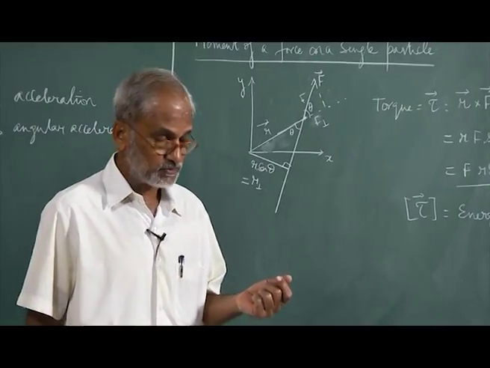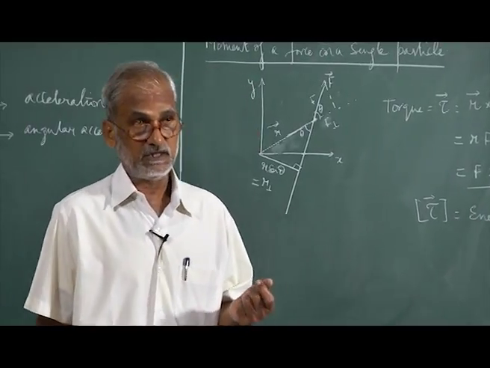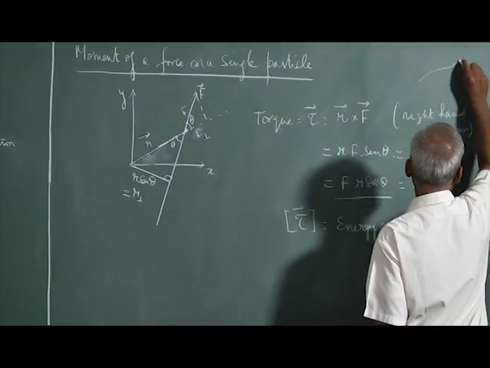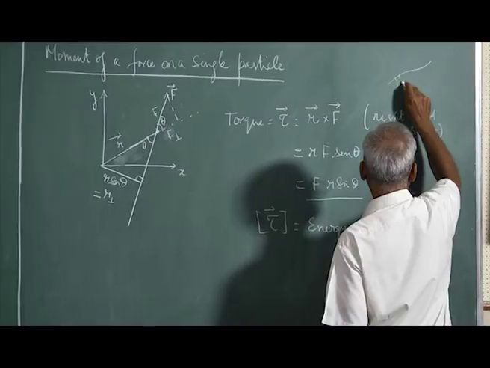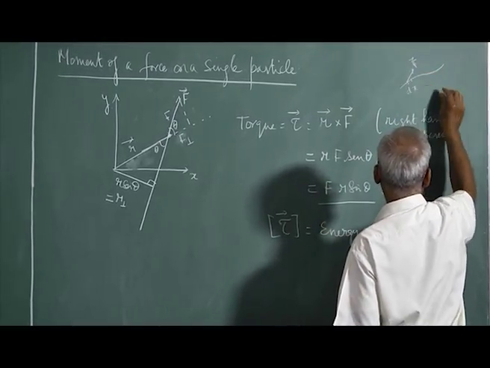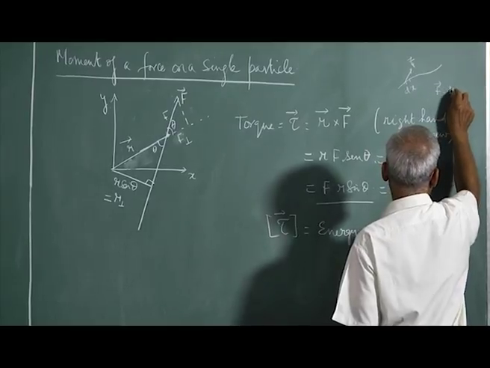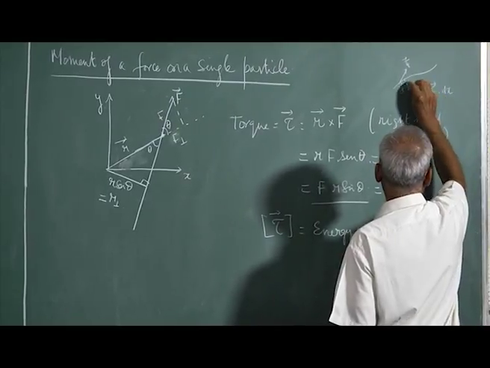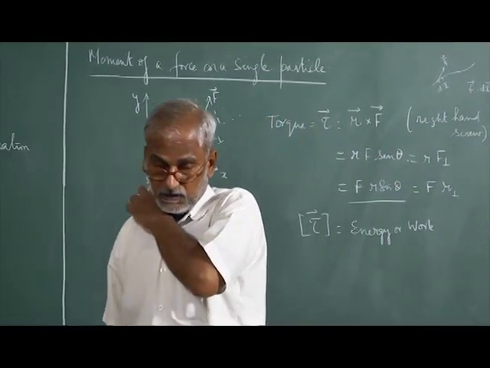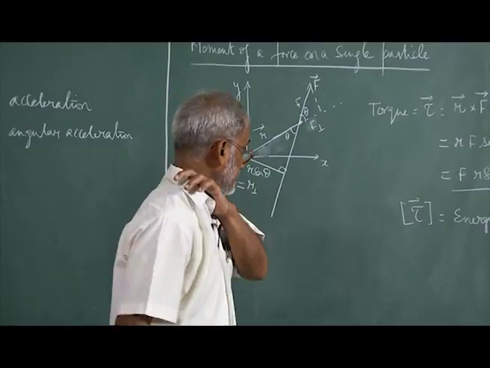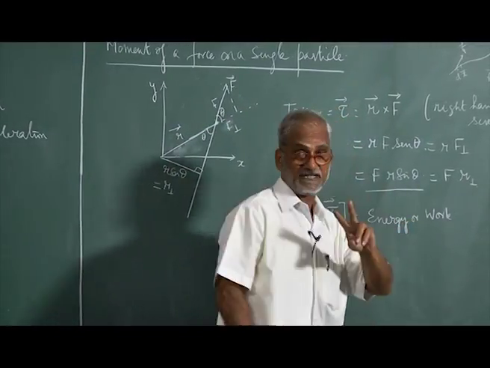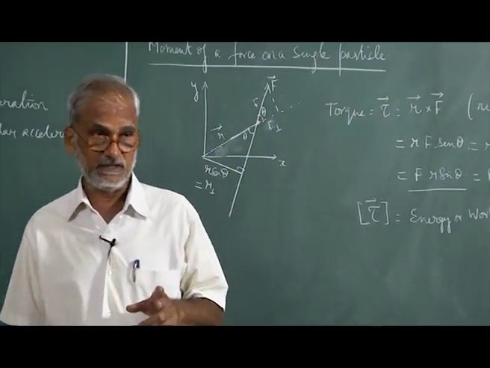If a particle moves by a distance dx, and the force acting on it is F, the work done is F dot dx, infinitesimal work. However, torque also has dimensions of energy, but it is a vector quantity. So you need to keep this in mind.